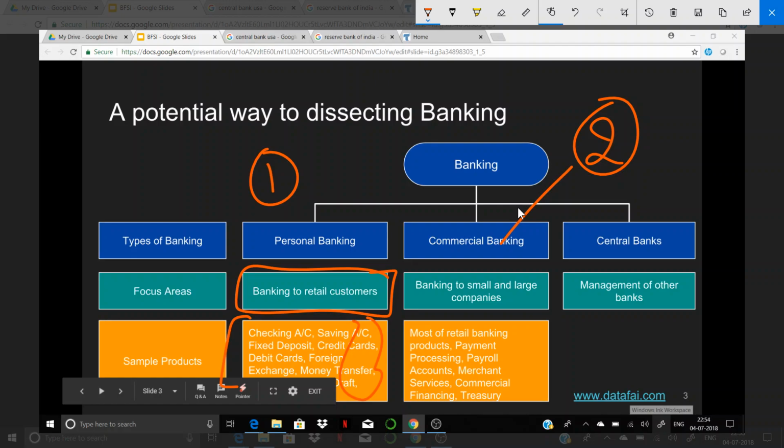And you need to process their payments, and you need to have all the support for doing this payroll servicing. So it's basically that sort of account. If you are a merchant, you will have a merchant account where you can actually accept payments, and you can have the clearing and so on and so forth. You will have the commercial financing option as well. You have the treasury option. You will have international money transfer and stuff like that, which a big company and business will be requiring, right? So that's briefly about banking.